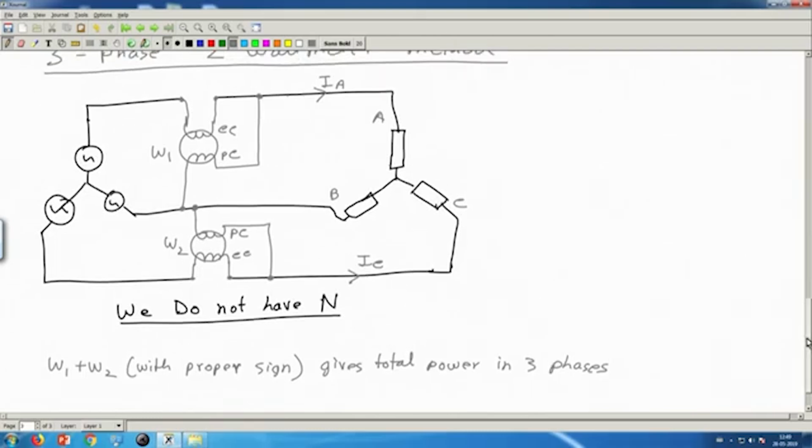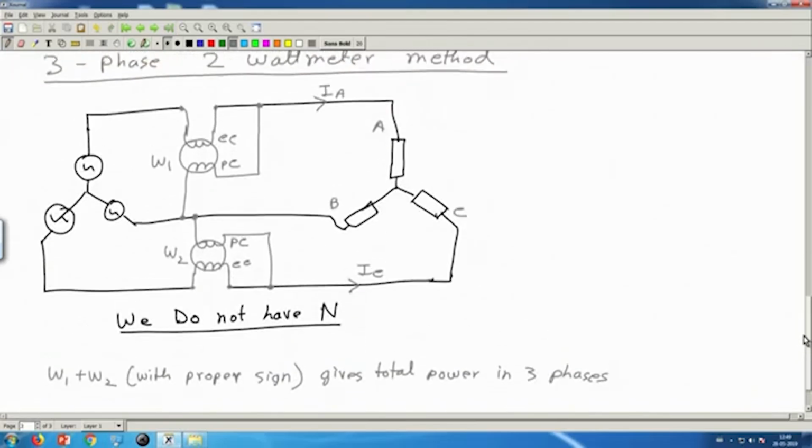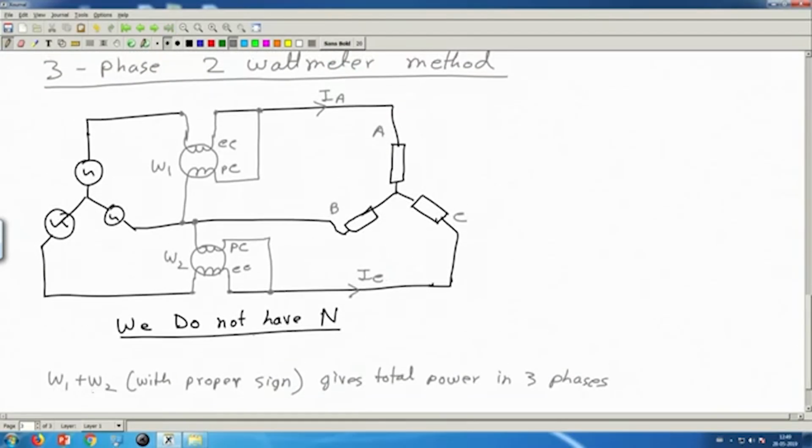The previous one was quite obvious, because this wattmeter was directly measuring this voltage into this current. This was also measuring this voltage into this current. So, they were measuring individual phase powers. So, that was quite obvious. But now, how is it so that W1 plus W2 is the total power?